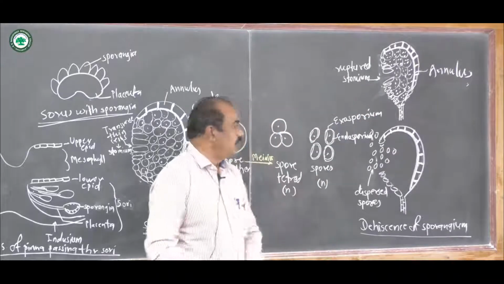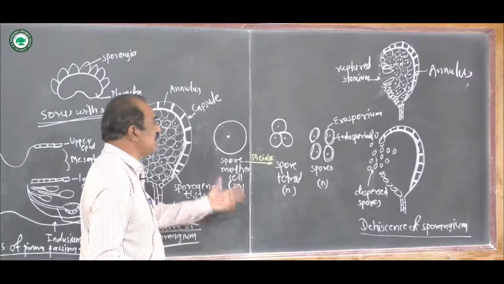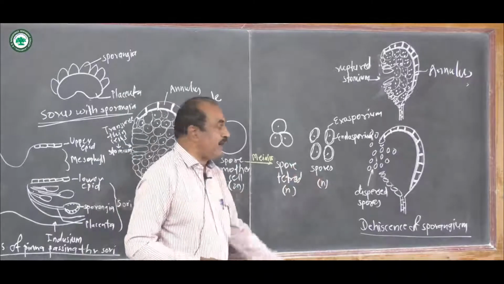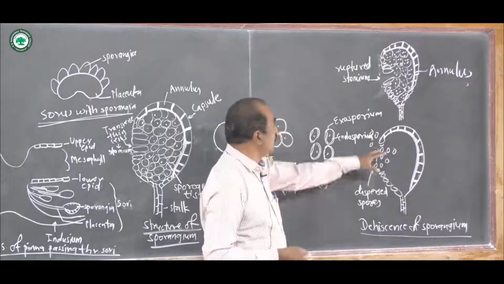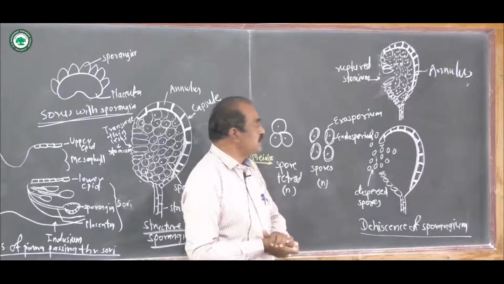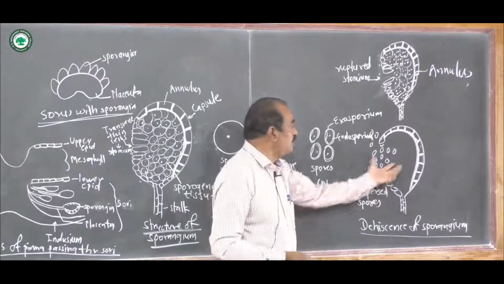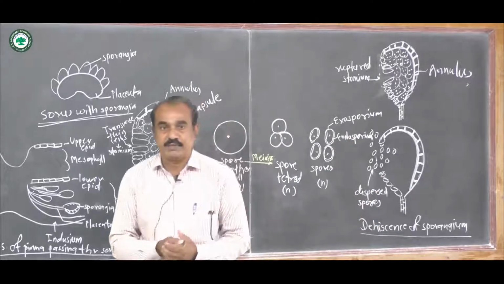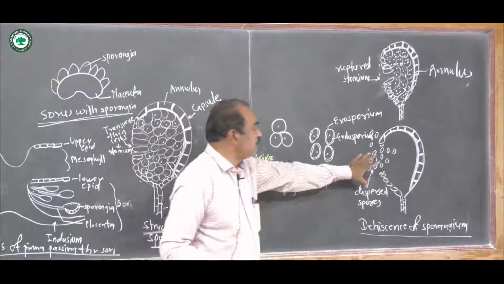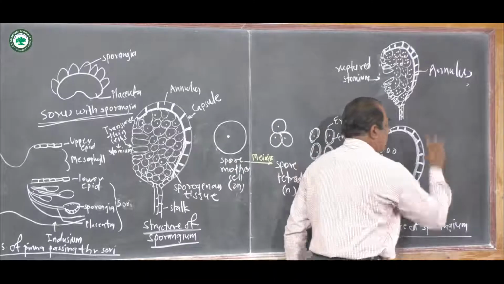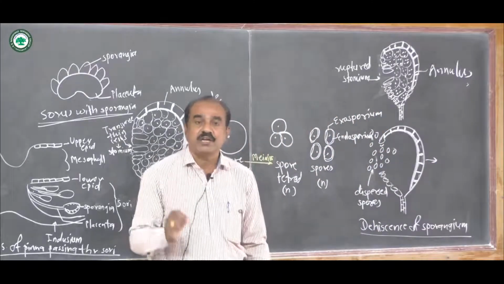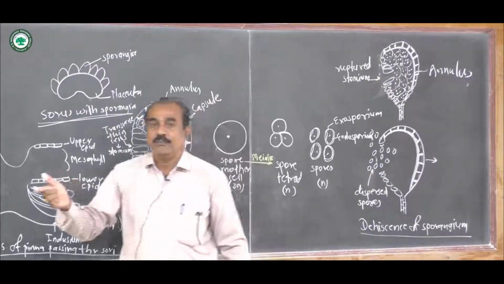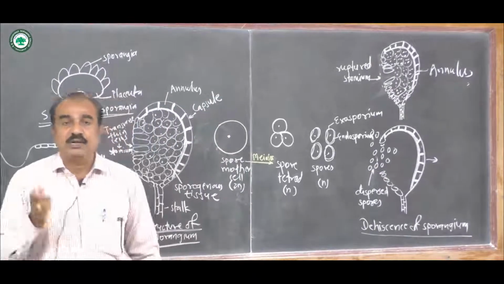But before this, all the spore mother cells develop into spores and these spores become mature, and in this condition the stomium ruptures, and with the help of wind all of these spores are released into the atmosphere. These spores fall on a suitable substratum, that is wet soil, and then they start to germinate, and there is a development of the next generation, which is called the gametophyte.